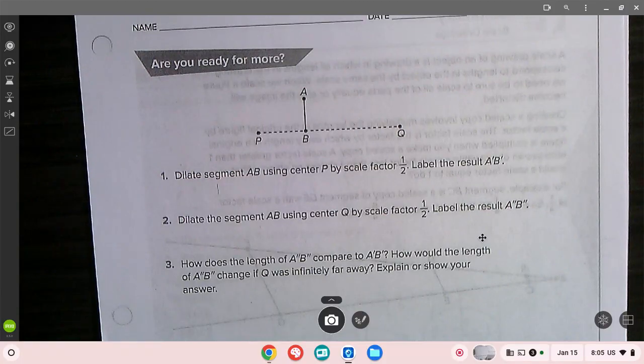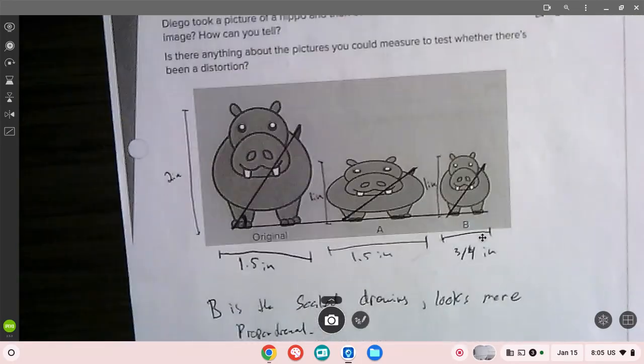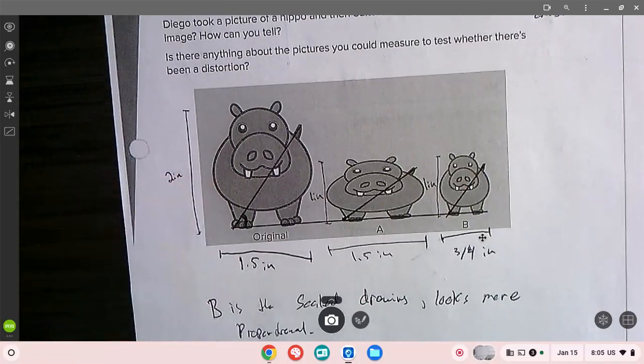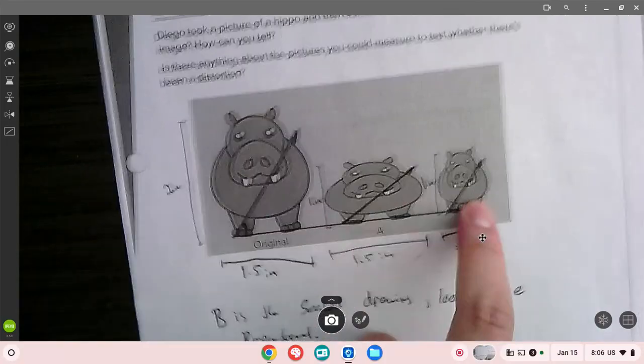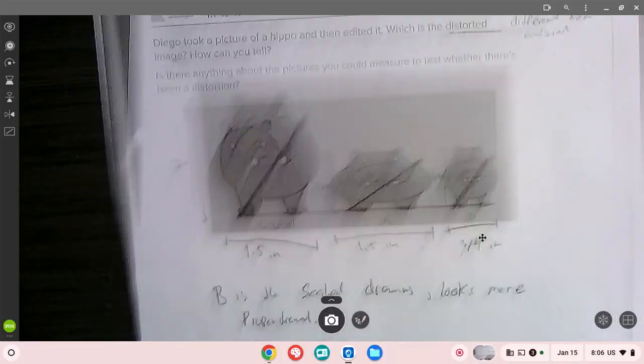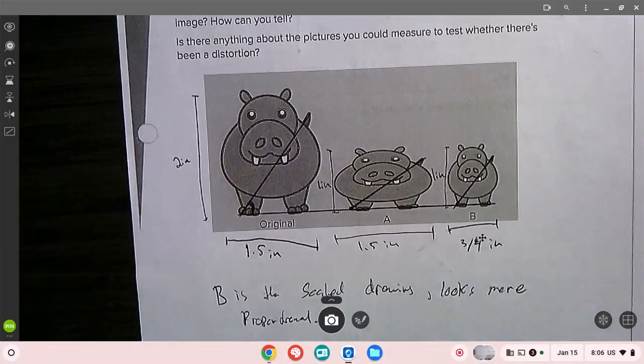Alrighty, so yesterday we went through the introduction of what it means to scale something using dilation. We first looked at this hippo and saw that in order to be non-distorted, everything has to be scaled the same, the height and the width. Also, the angles within our dilation have to be the same as well.